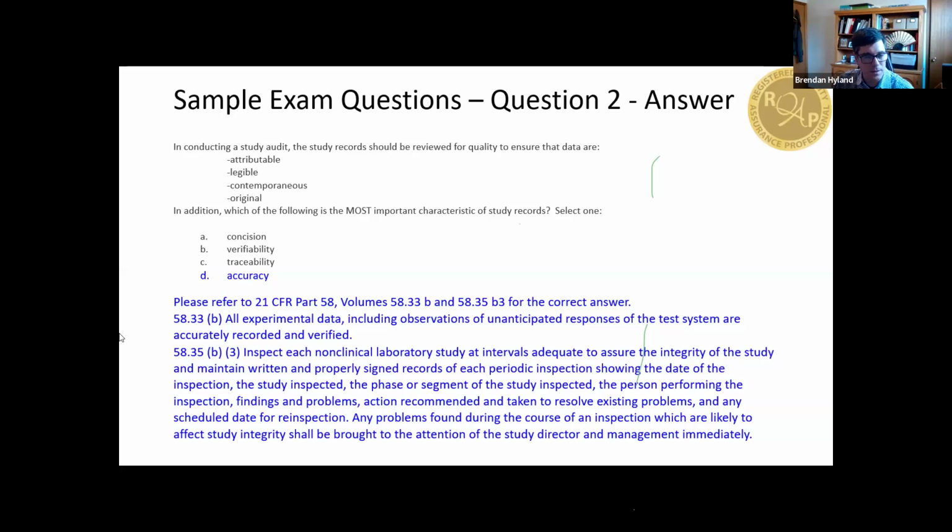So this second one shows where the concept of data integrity comes in, and ALCOA are considered the root parts of data integrity, right?